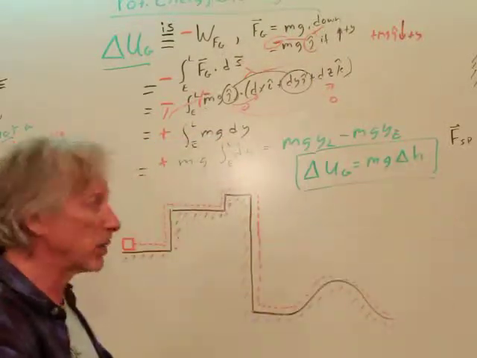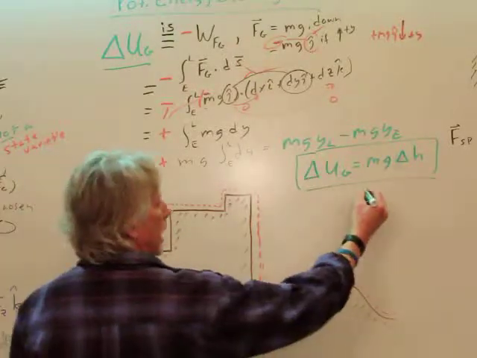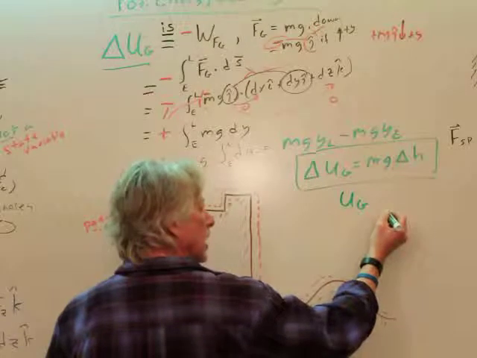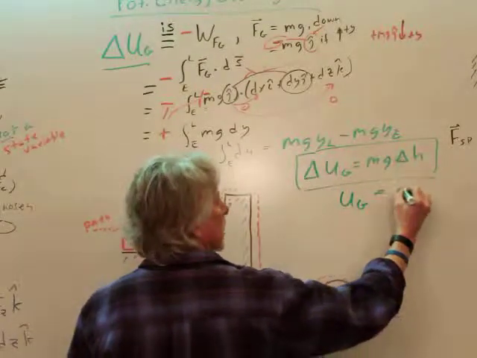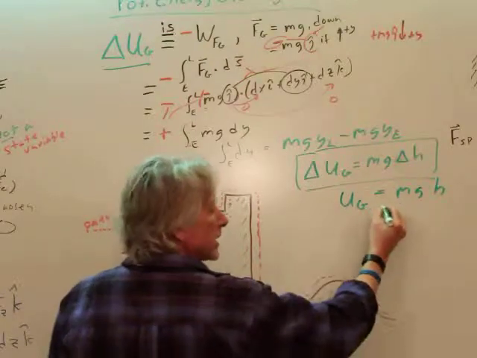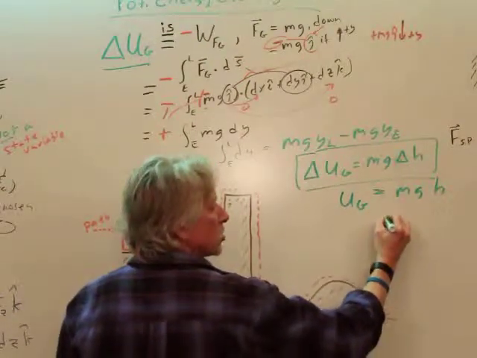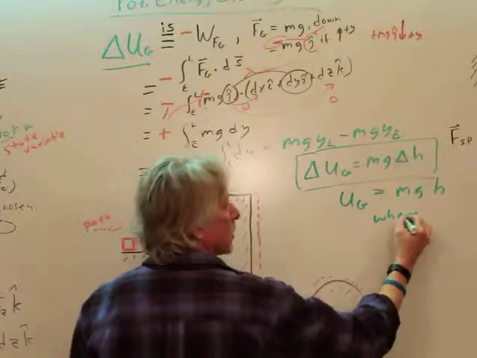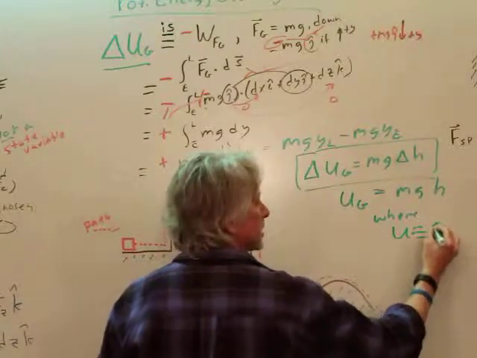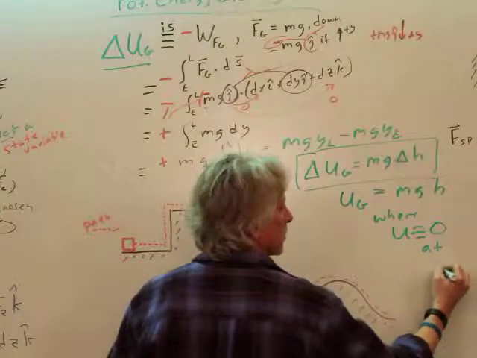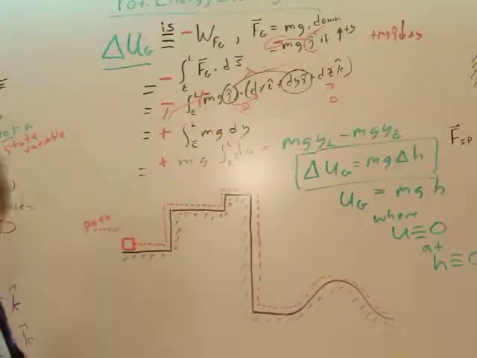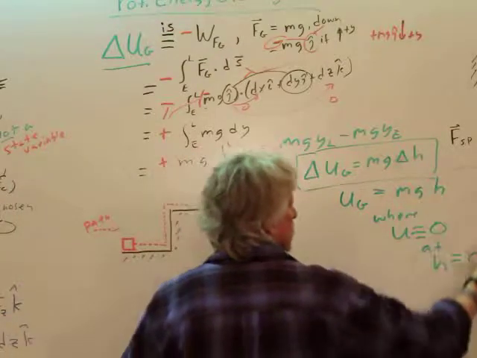Okay, and that allows me to say that the potential energy of gravity at any state is equal to mgh at that state. But that's not the definition, because if you're going to turn it into a state variable, U is set to 0 wherever h is set to 0. So once you set that reference, you're good.